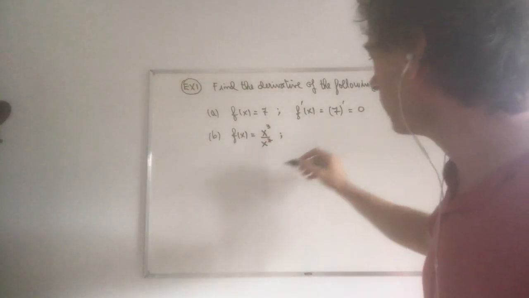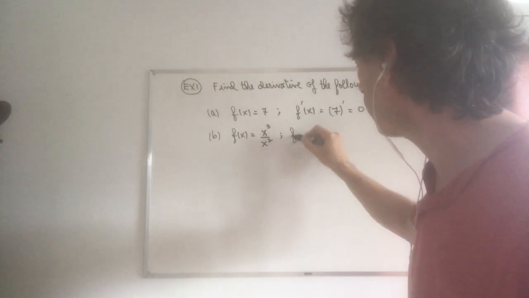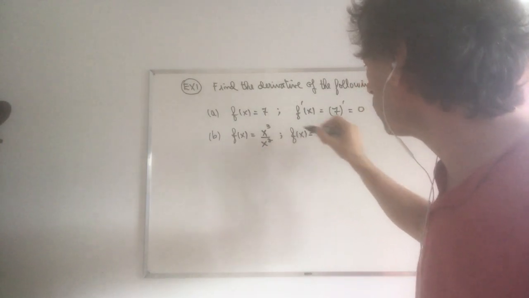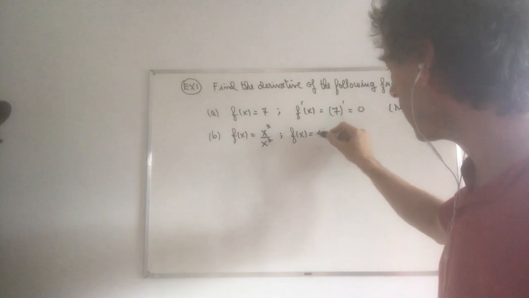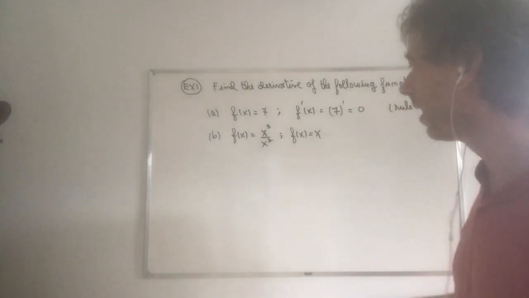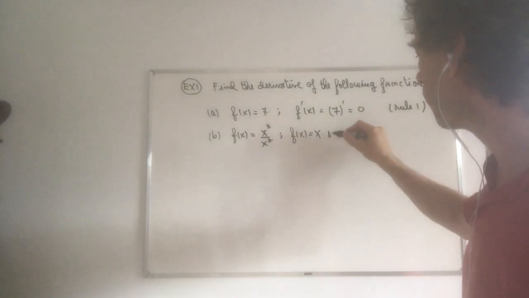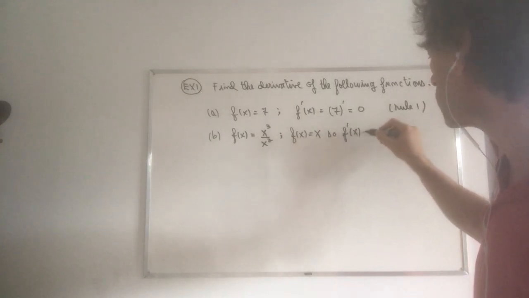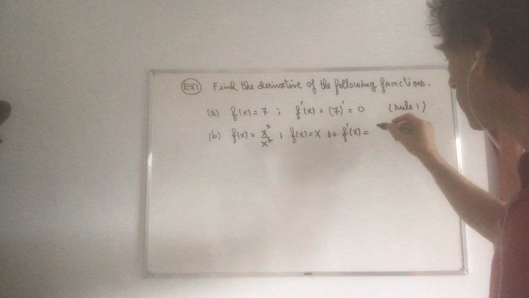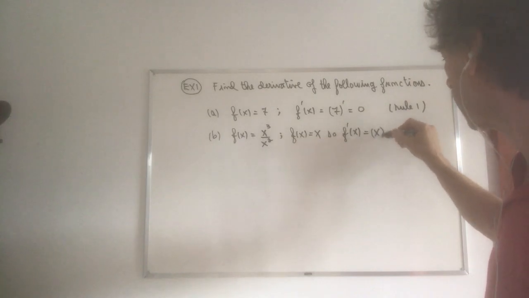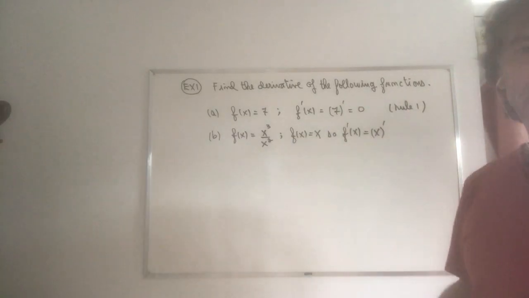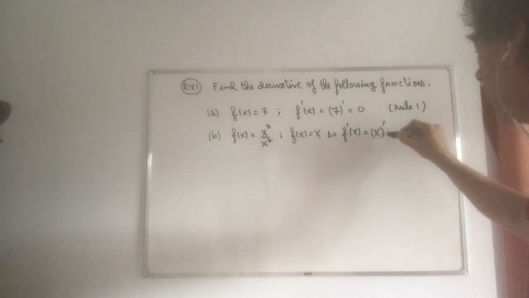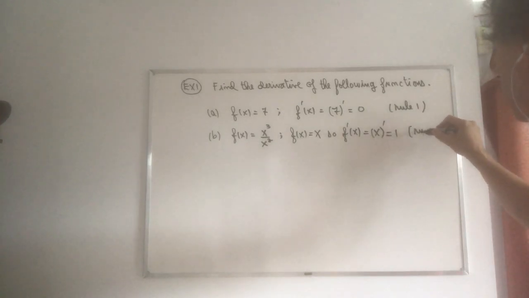This simplifies to f of x is equal to x^3 over x^2 is x^1. So f prime of x is the derivative of this. Well, it's a derivative of x.